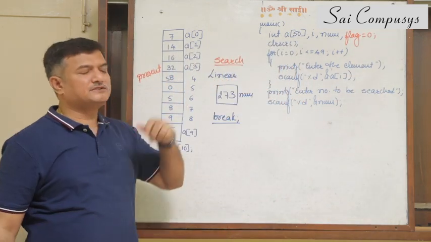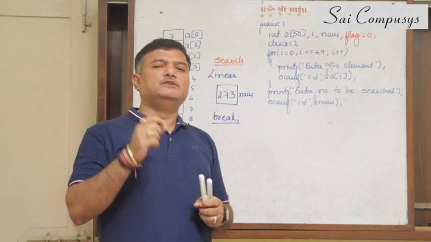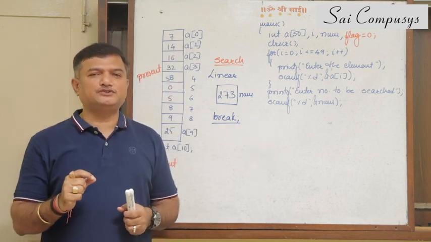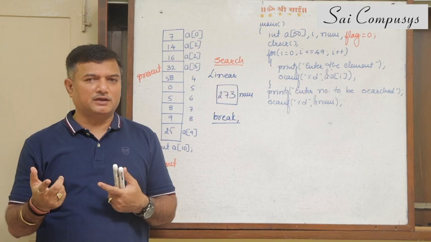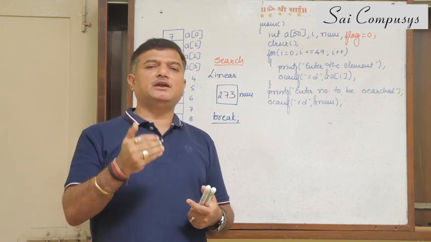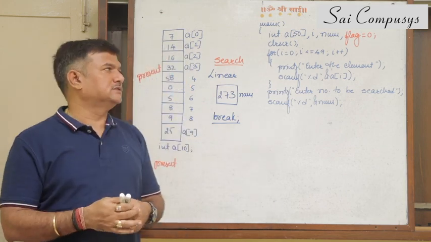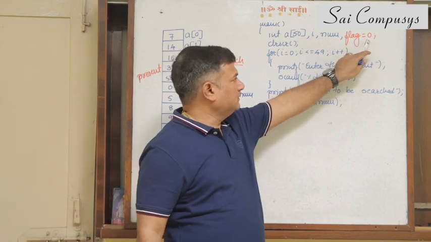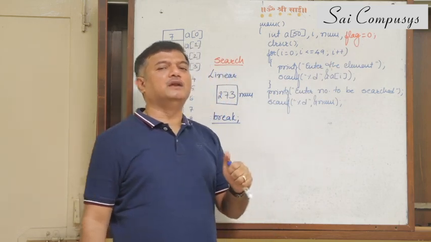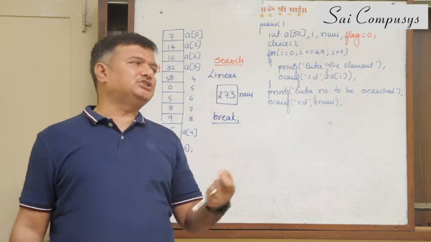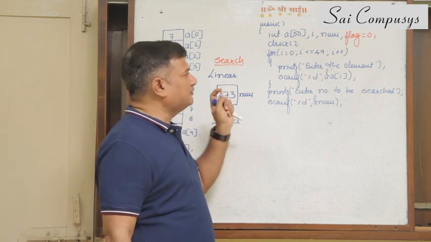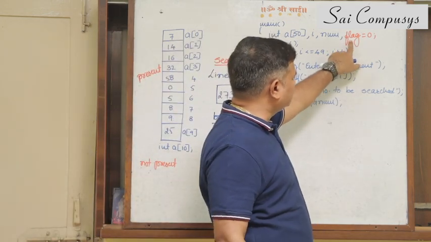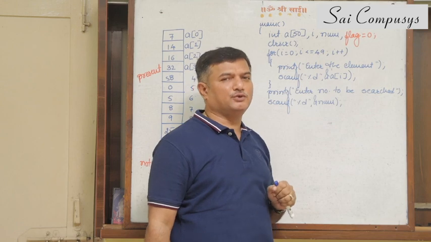I have taught you this status variable flag. This status variable's objective is to maintain a status of something. Now this status is maintained in terms of true or false. You know this, 0 is false and 1 is true. So initially I have assumed that the number is not present, and I have set the value of flag to 0.